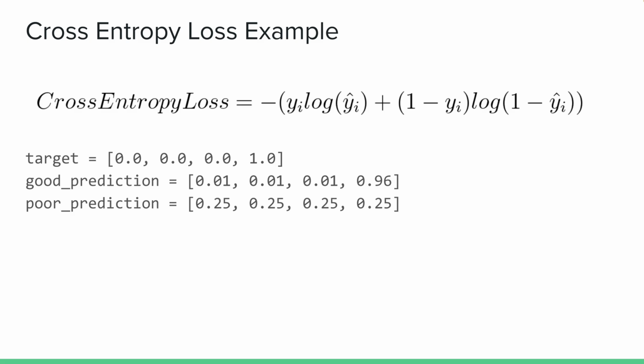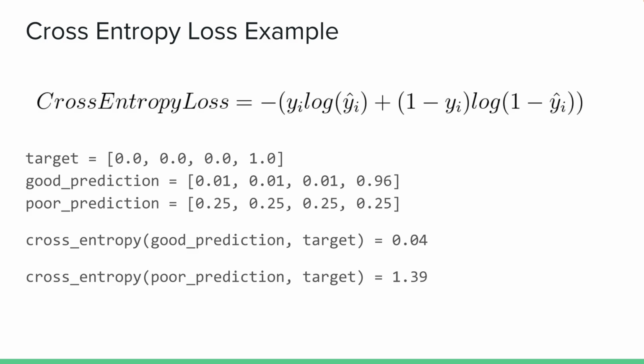Obviously a good prediction would be something that has 0.01 for the first 3 classes and 0.96 for the correct class. And then we have a poor prediction which just guessed and said every class is equally likely. If we put those two in here, we get, for the good prediction, a loss of 0.04, and for the poor prediction, 1.39.